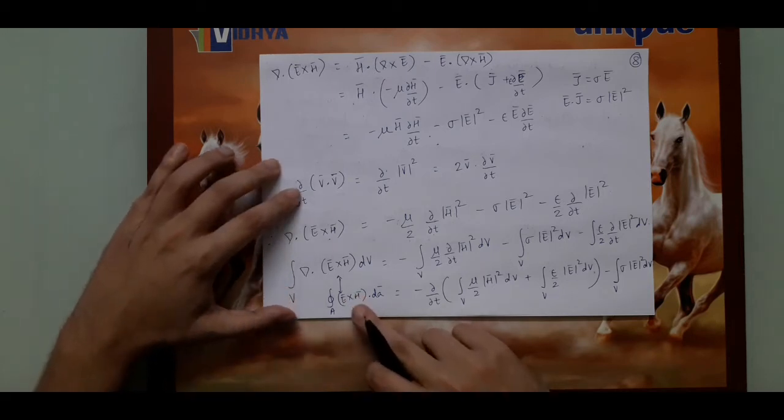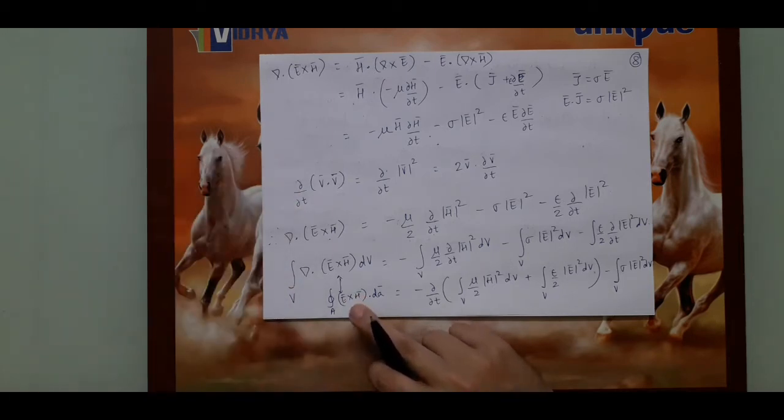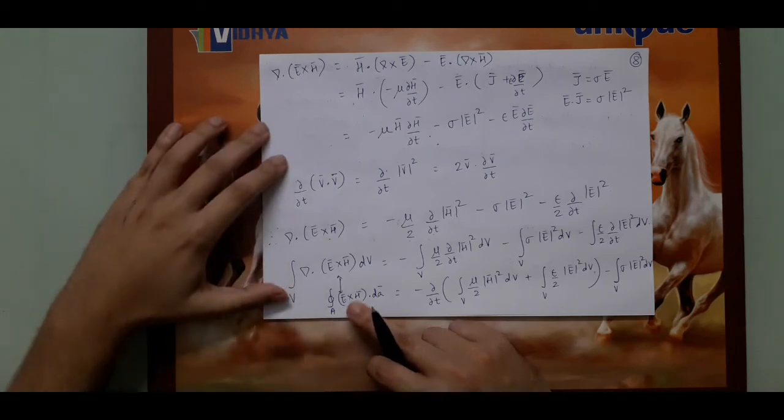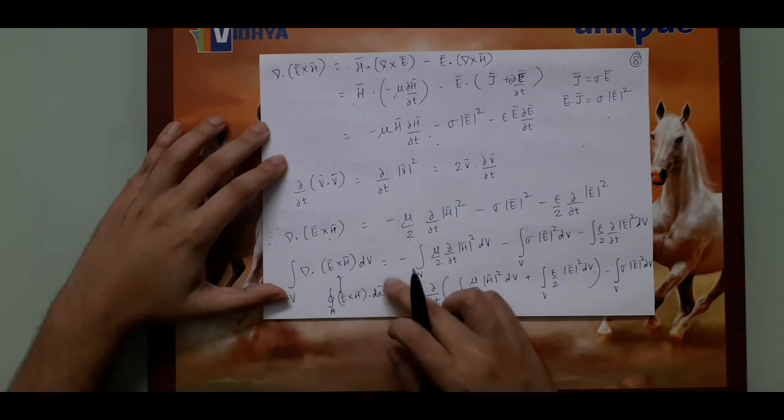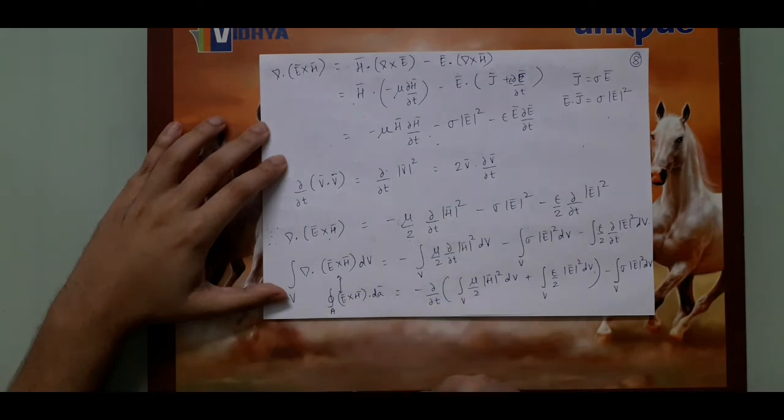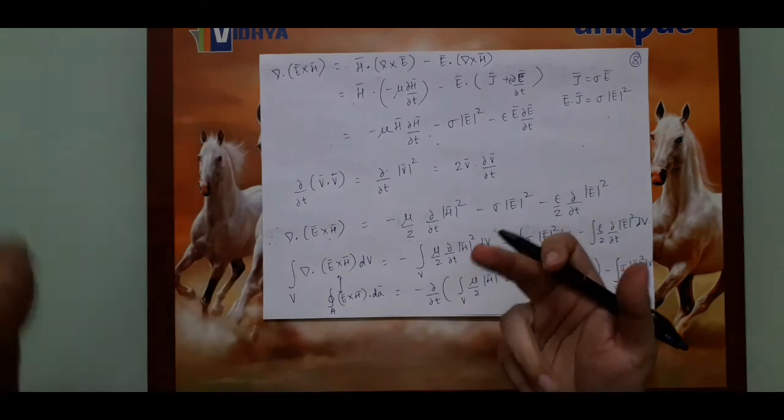So now we had seen a few minutes back that the unit of E cross H indicates power density, or watt per meter square. If we integrate watt per meter square over some area, what do we get? We get watt.